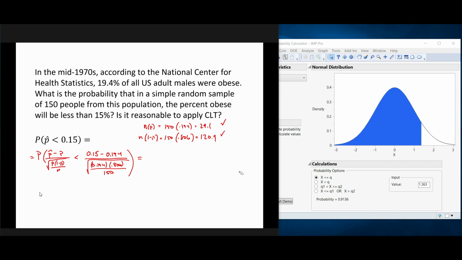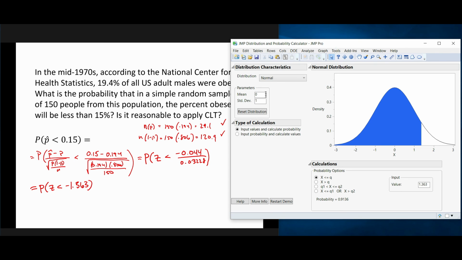So that is equal to the probability that a standard normal random variable is less than negative 0.044 divided by 0.03228. That's equal to the probability that a standard normal random variable is less than negative 1.363.